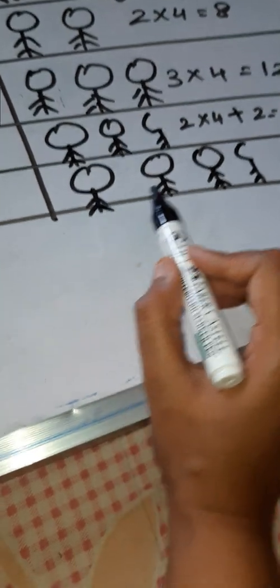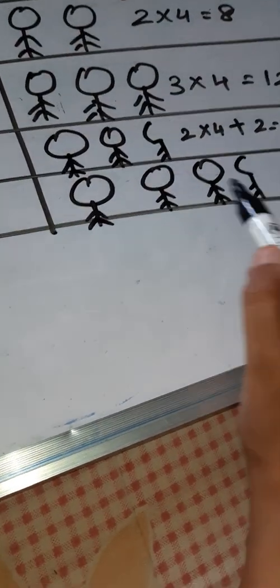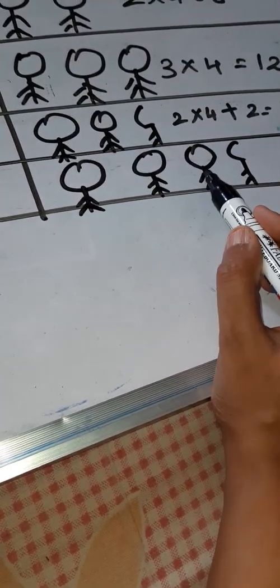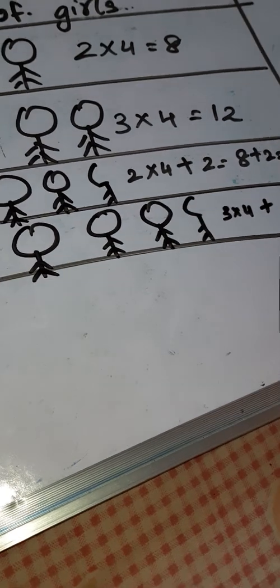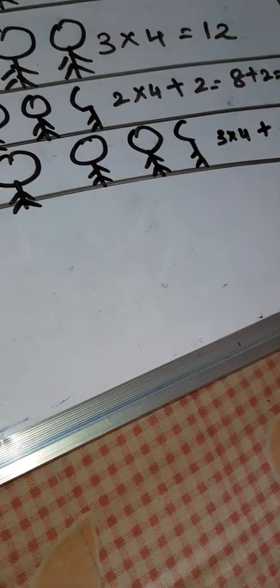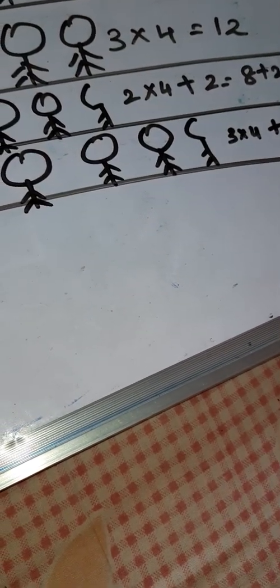Then for grade 8, there are 3 complete pictures and 1 half. So 3 into 4 plus 2 equal to 12 plus 2, 14.